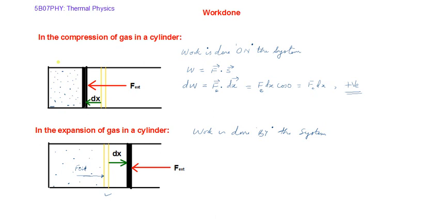Now, throughout the process, we assume that we are having some sort of mechanical equilibrium, or very near to mechanical equilibrium, and mechanical equilibrium demands that the process is done quasi-statically.